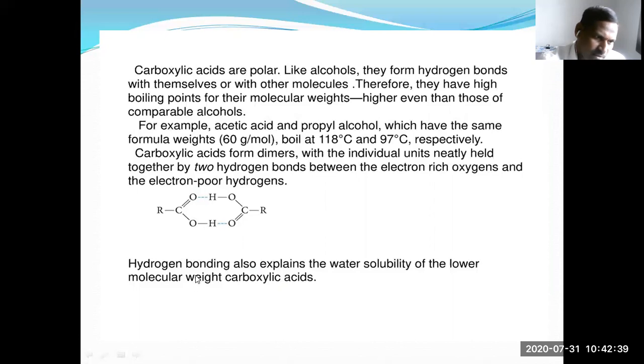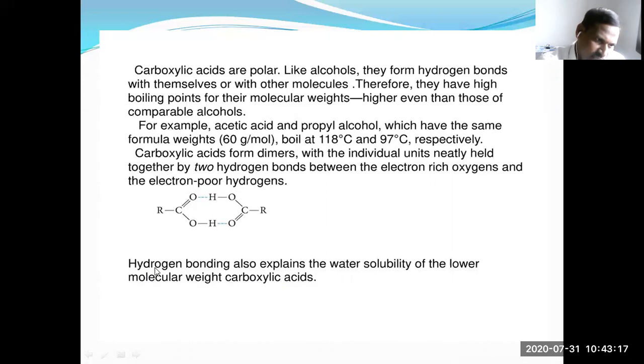So we can also explain why the lower molecular weight carboxylic acids dissolve in water. This is also explained by the hydrogen bond present in two carboxylic acid units. Carboxylic acids are in dimer form because hydrogen bonds are present between two molecules of carboxylic acids.